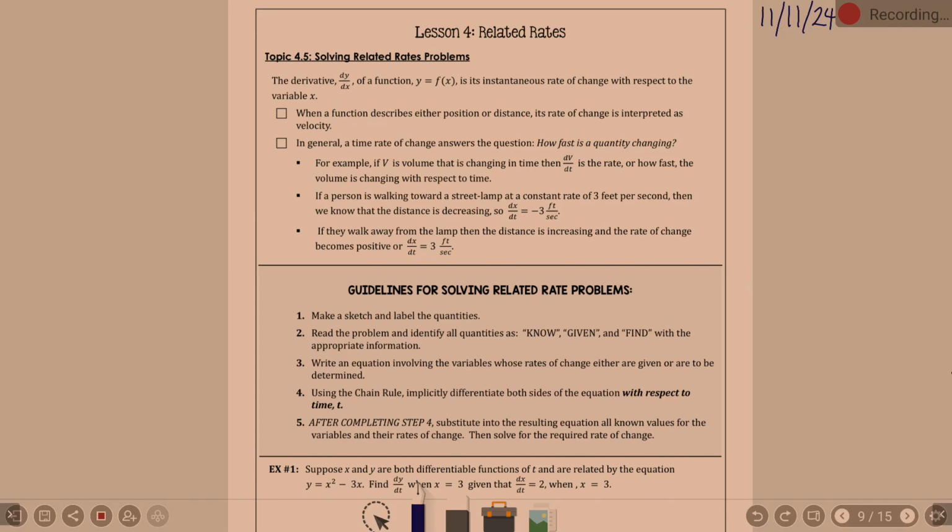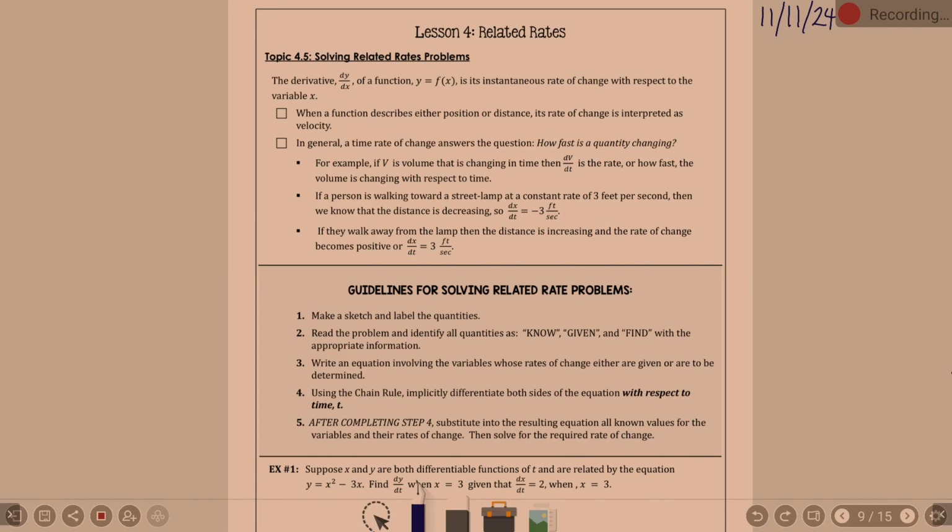Then, use the chain rule to implicitly differentiate both sides of the equation with respect to time. That's what we were just doing, taking the derivatives. And after completing step 4, substitute into the resulting equation all known values for the variables and their rates of change, and solve for whatever you're asked to find.